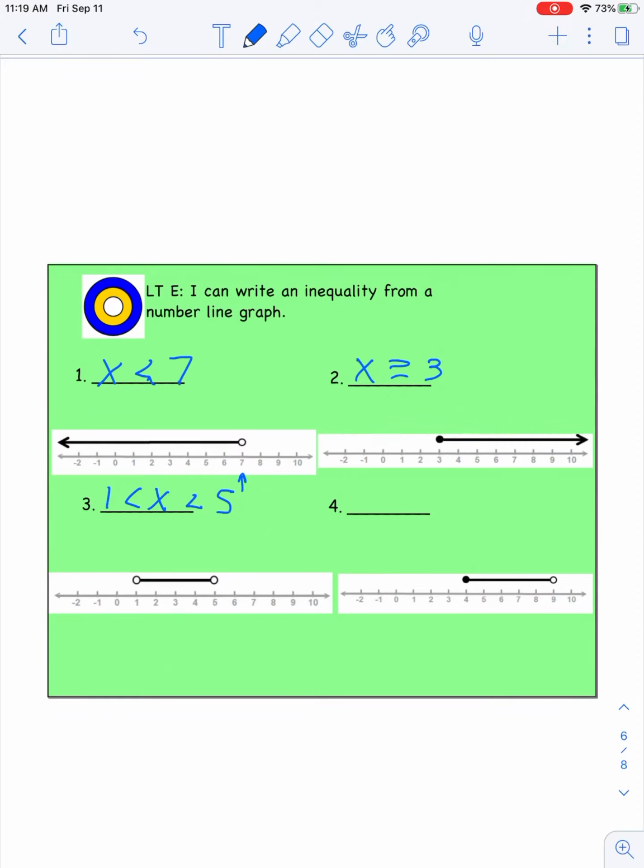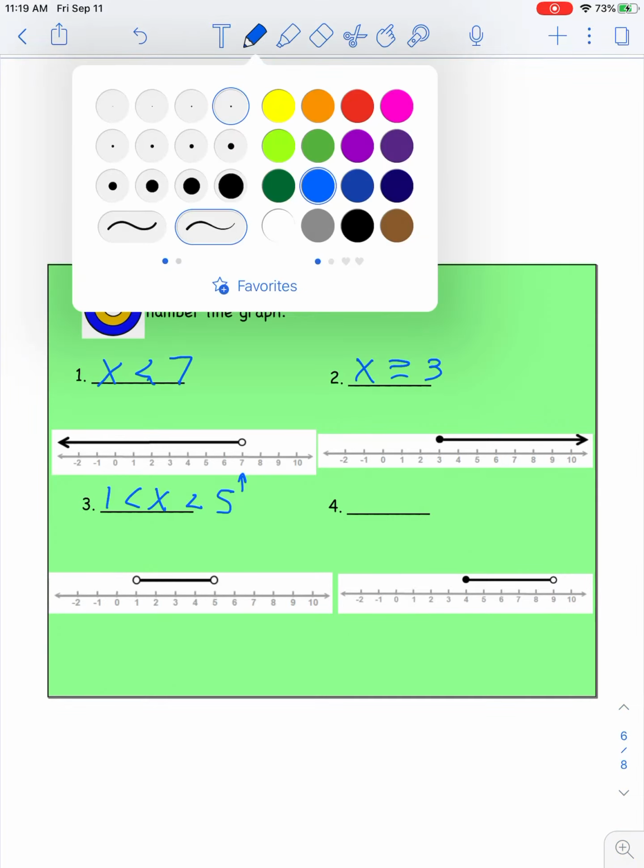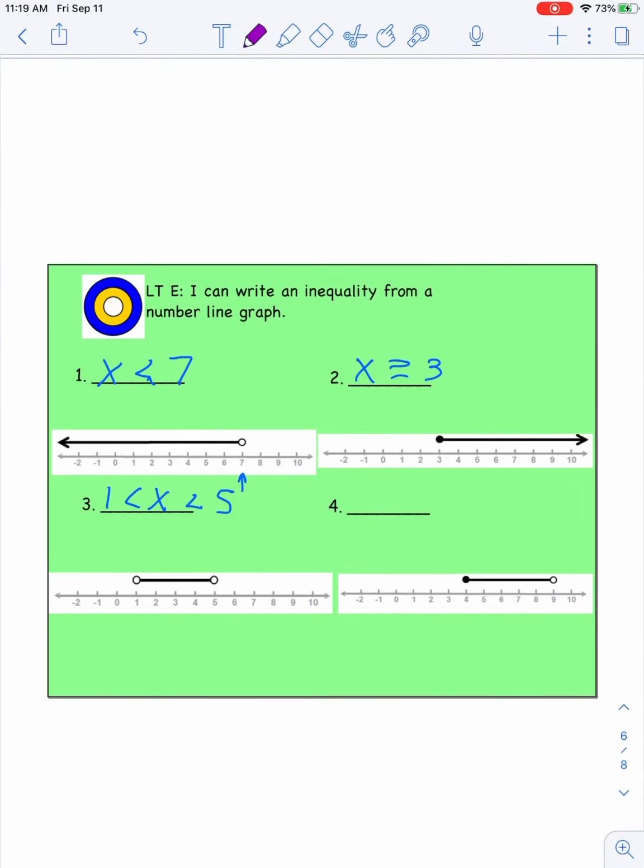Now, if you didn't understand how to do number 3, I'll work through number 4 with you. Or if you did understand it, you can certainly pause the video, try number 4, and then restart the video to see. But when we look at this, we can see that x right here is equal to 4 and greater.